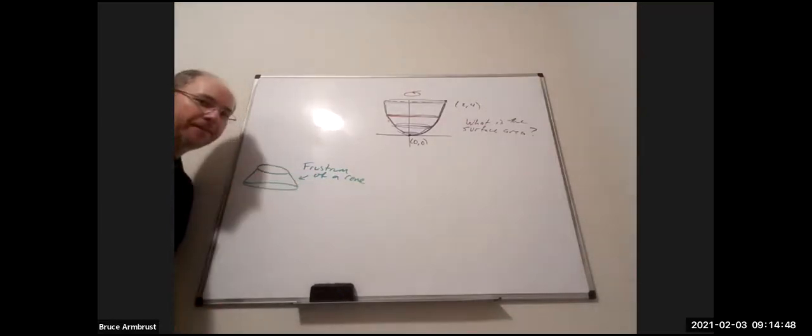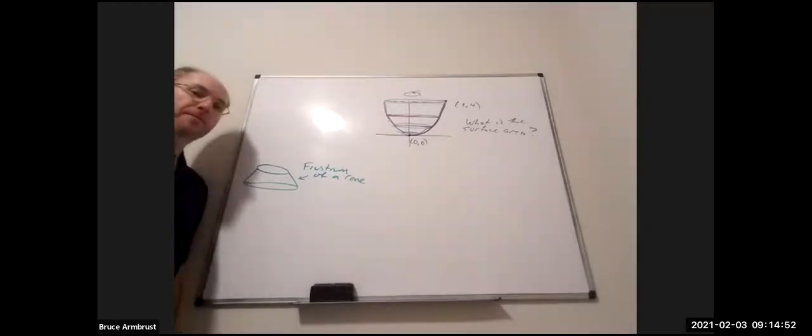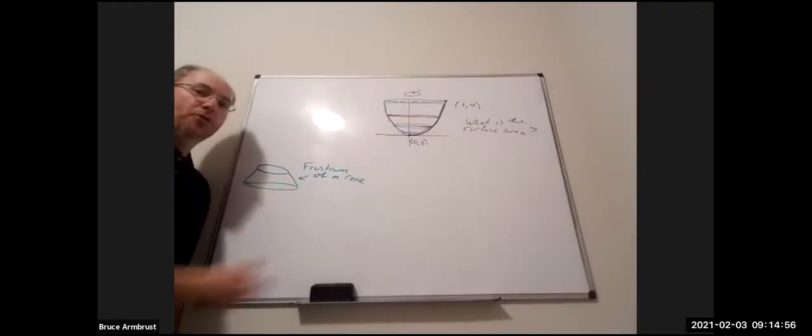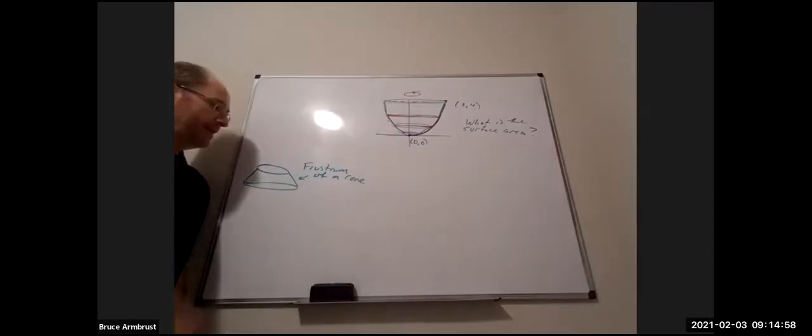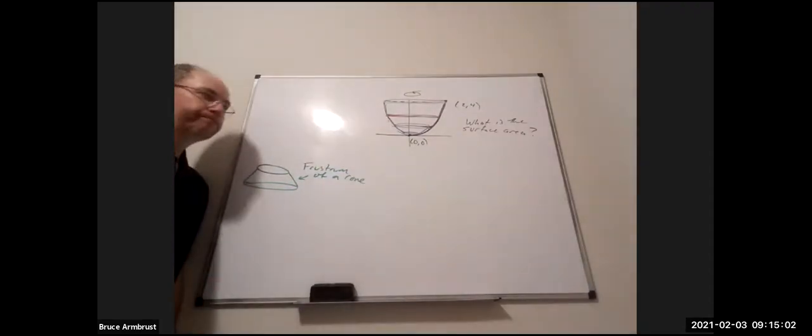Don't worry about that if you don't know that name. Don't bother memorizing it or anything. But it's called the frustum of a cone, and it's basically just a piece of a cone. Right? Think about an ice cream cone, and we cut the top off. So we have a whole bunch of these frustums that we're going to be adding up.